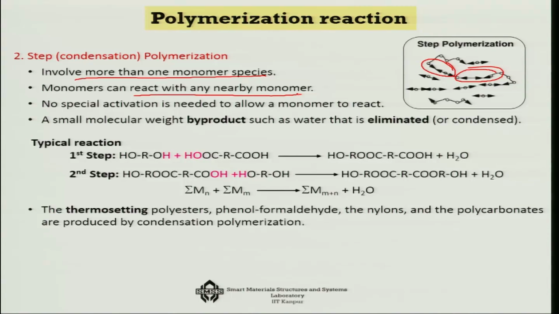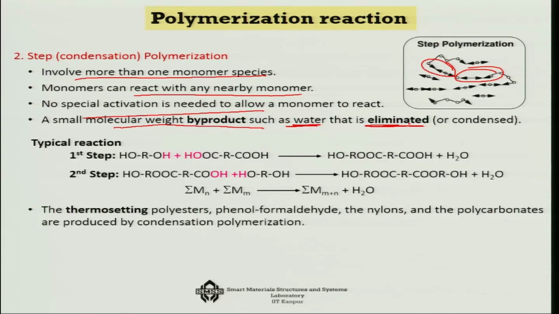They will not wait for some other active area to come and make them ready for the reaction. It would not happen. They will readily react. So no special activation is needed to allow a monomer to react, and a small molecular weight byproduct such as water will be eliminated.